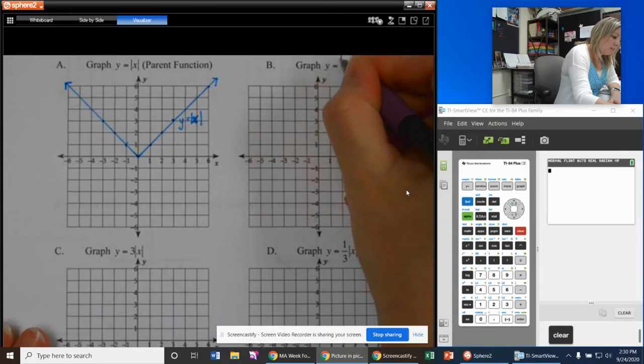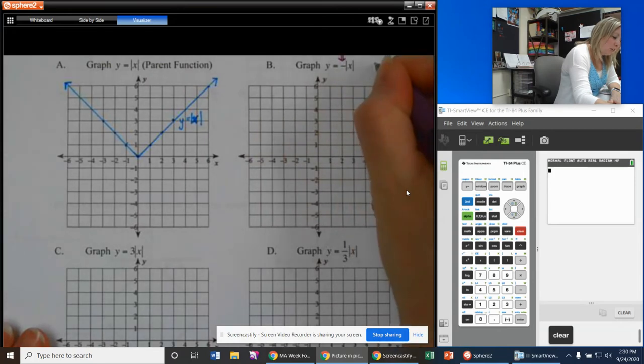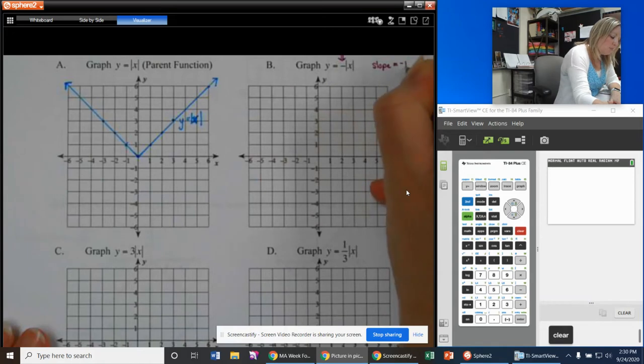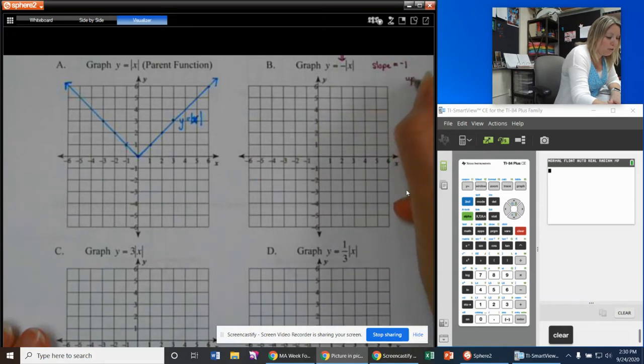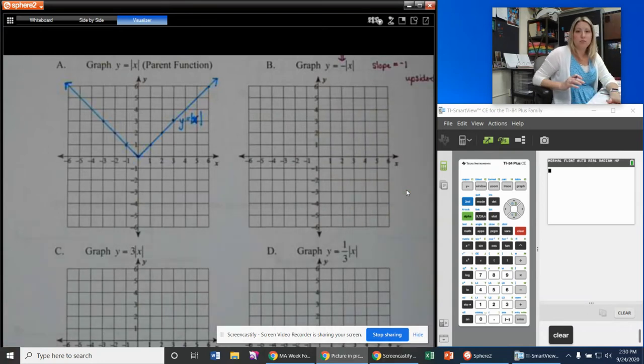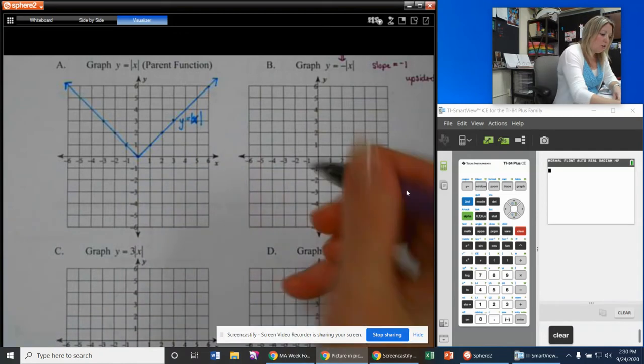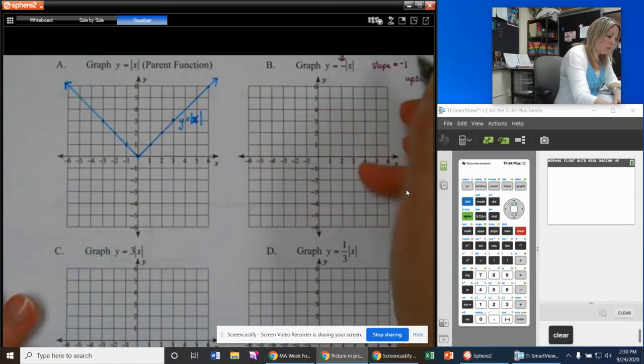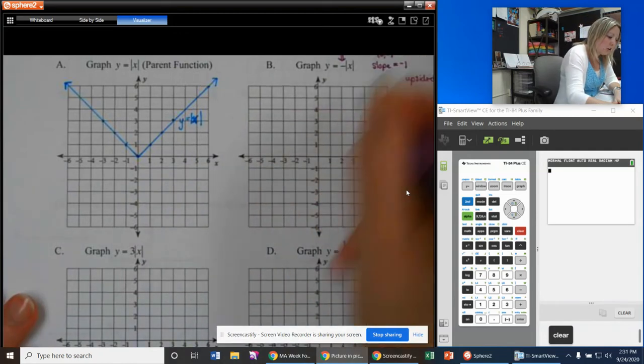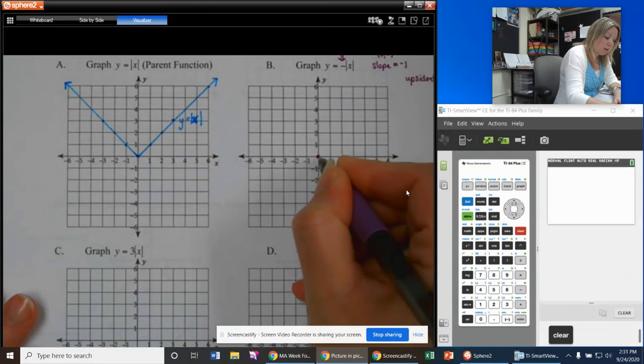So here, we just changed this to have a slope of -1. And what that really means is we have flipped the whole thing upside down. Okay, we flipped the whole thing upside down. So your vertex, notice, is still 0, 0. That hasn't changed. But now from the vertex to the right, you go down 1 and right 1.